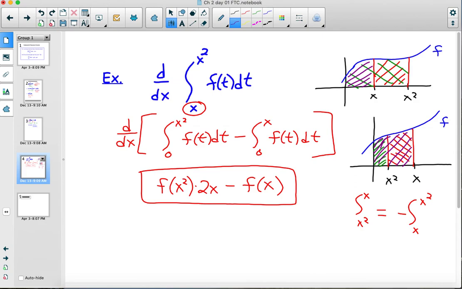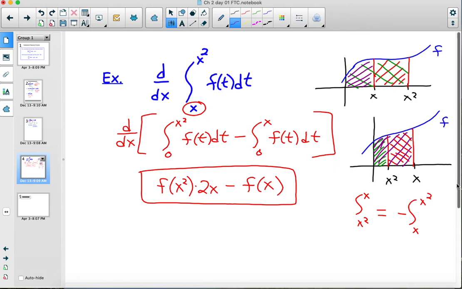And so if I did the green minus the purple, I would get that red area, but since the purple is more than the green, green minus purple would give me a negative of that red area, which is exactly what it's supposed to be. Now you can go through, if you really want to, and imagine what would happen if x was a negative value, and look at a picture and make sure that makes sense to you. But using properties of integrals helps you.